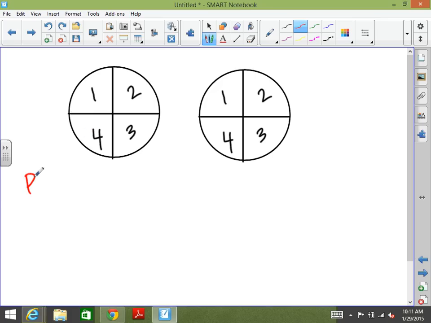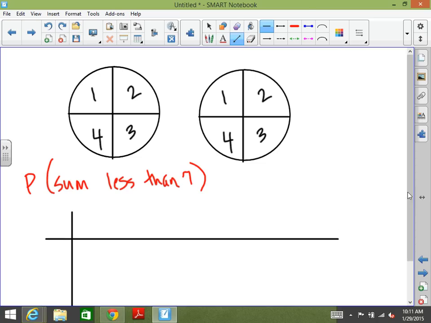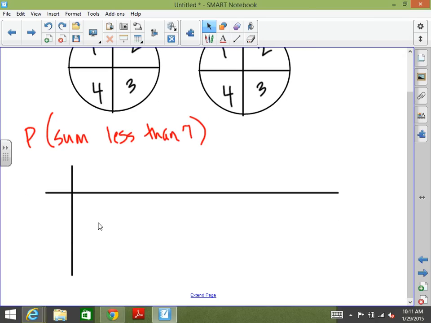It wants to know the probability of a sum less than 7. So what numbers are we talking about then? There we go. 6, 5, 4, 3, 2, and 1. Excellent. Okay.